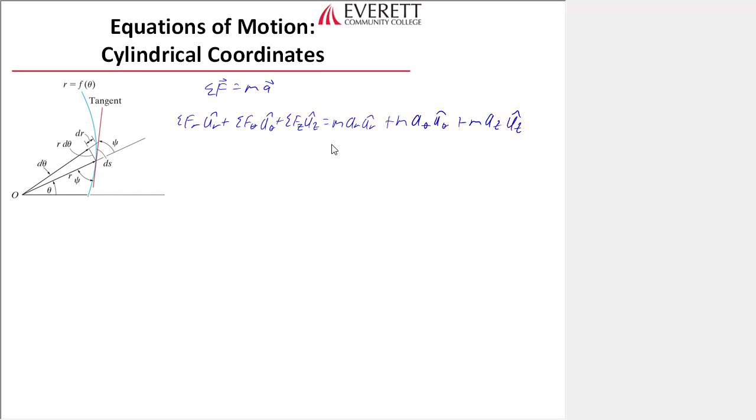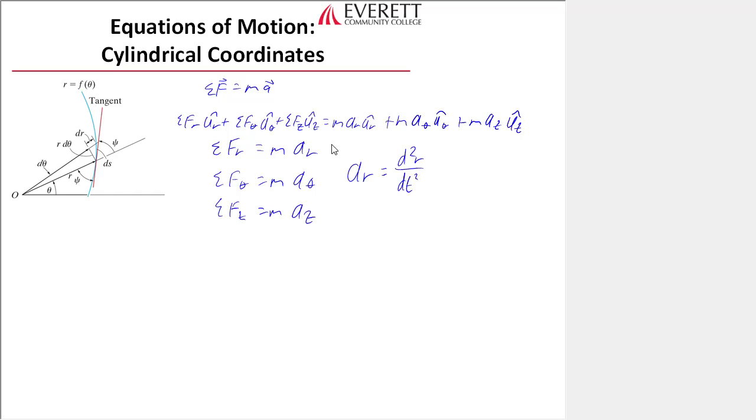Okay, that gives us three equations of equilibrium, just like the other coordinate systems. Sum of the forces in the r is equal to mass times acceleration in the r. Sum of the forces in the theta is equal to mass times acceleration in theta. And sum of the forces in the z equals mass times acceleration in the z. Can anybody tell me what a_r is? Do you guys remember?